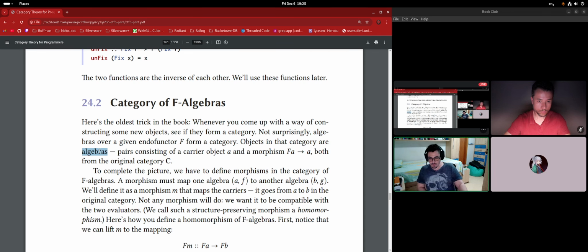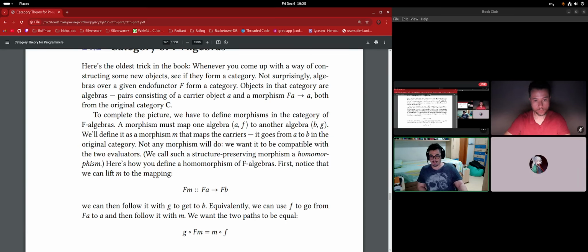An algebra has a carrier object and a morphism that is the evaluator. So to complete the picture, our morphism must map one algebra, a pair of the object and the evaluator, to another one. So imagine that you have the Haskell algebra and your morphism goes to the Lisp algebra. Crazy stuff.